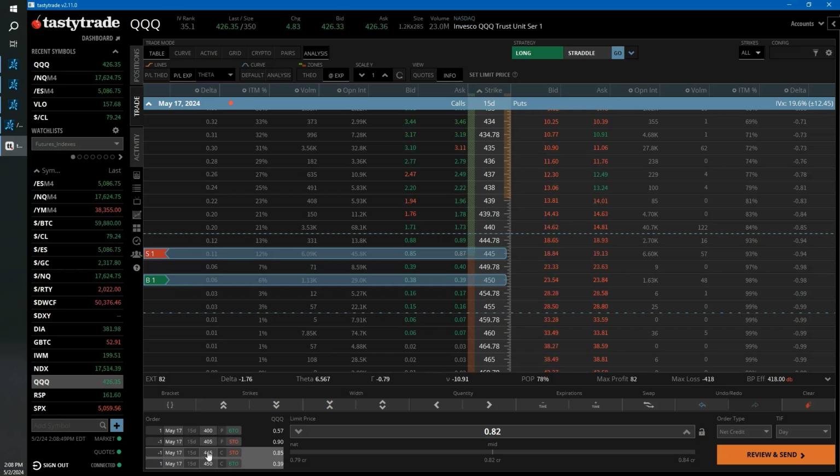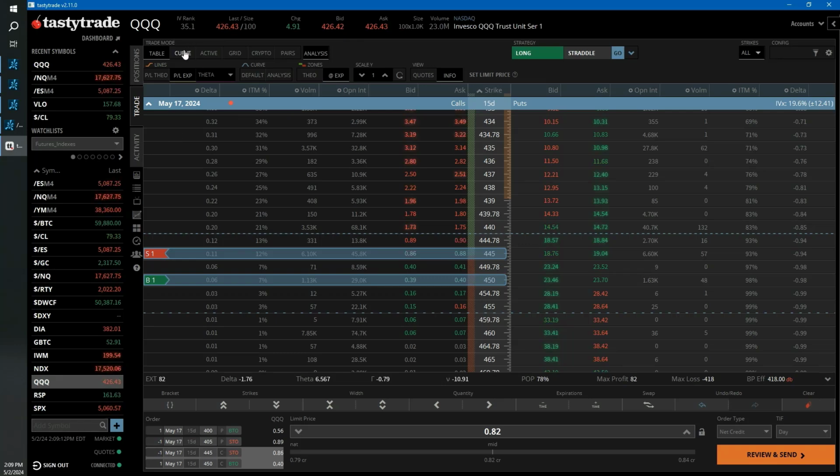I've got a 445 sell and a 450 buy on the call side. Right now I could put that on for 81 cents. $5 wide, 81 cents of credit on this trade. That's approximately a 9% return on your risk.